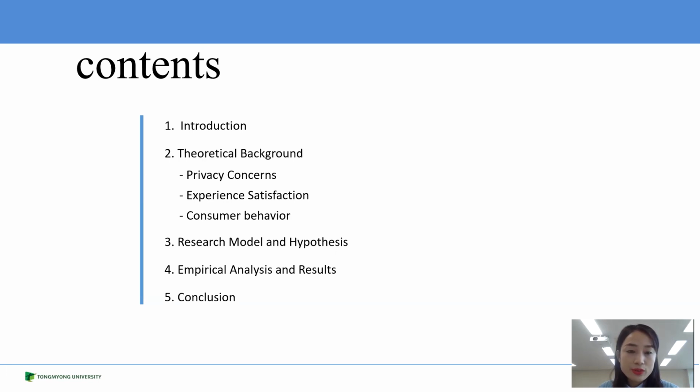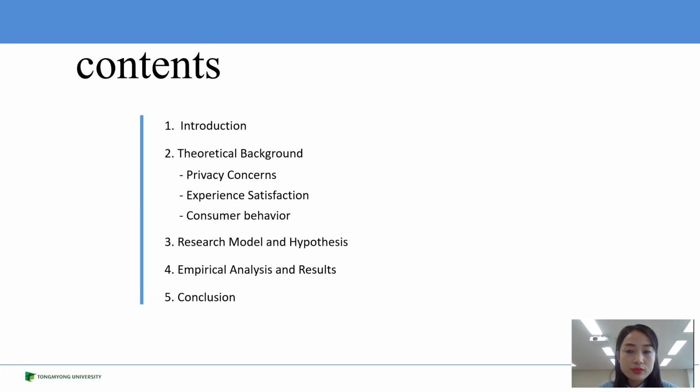This part includes survey design, general characteristics of data, reliability and validity of measurement variables, confirmatory factor analysis, correlation analysis, and results of research hypothesis verification.